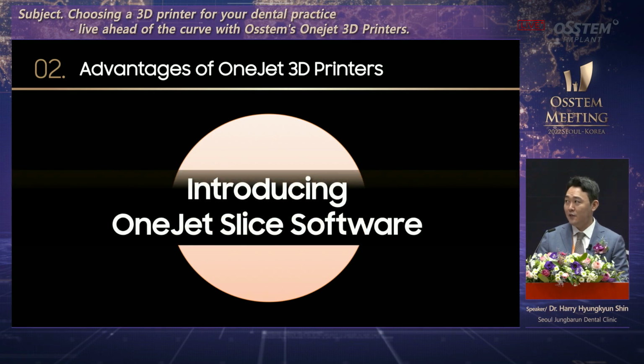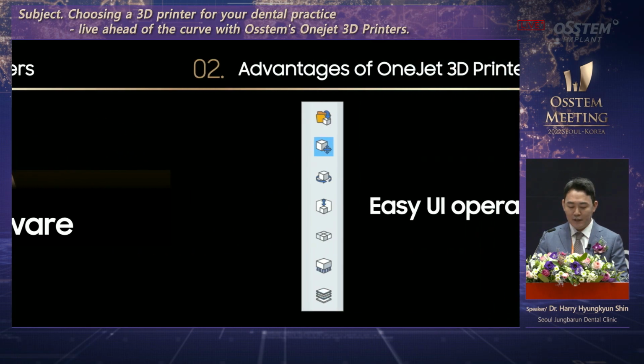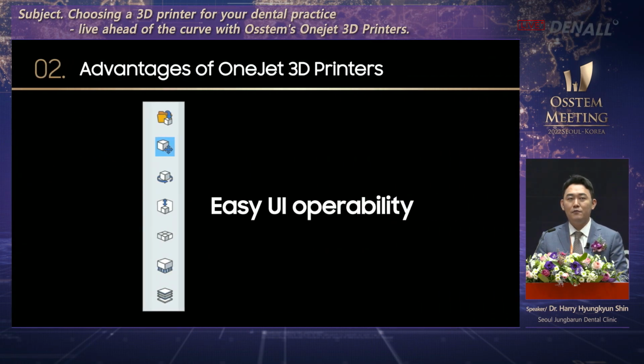So One-jet slicing program is a homegrown program of Osstem. Let me introduce that. As I said before, to print using a 3D printer, STL file is received and you cannot send it to the printer. It doesn't work. You need to attach supports, and the slicing program should be used to make them. Two years ago, Osstem implant visited my clinic, and I told them, One-jet DLP printer, the Mimics program, which is a very good program, is used, which I use.